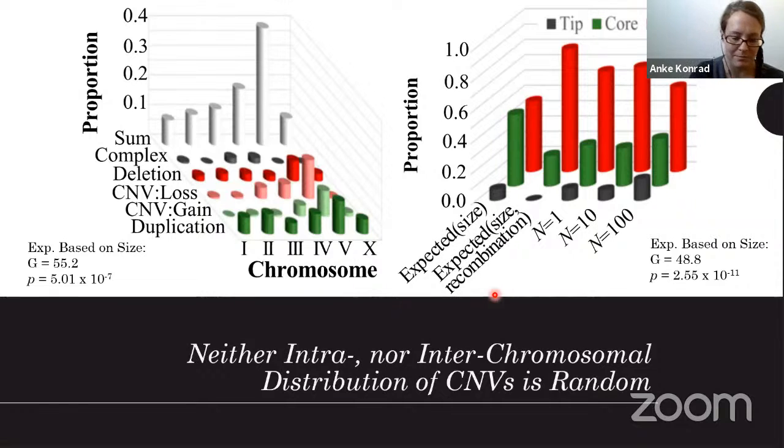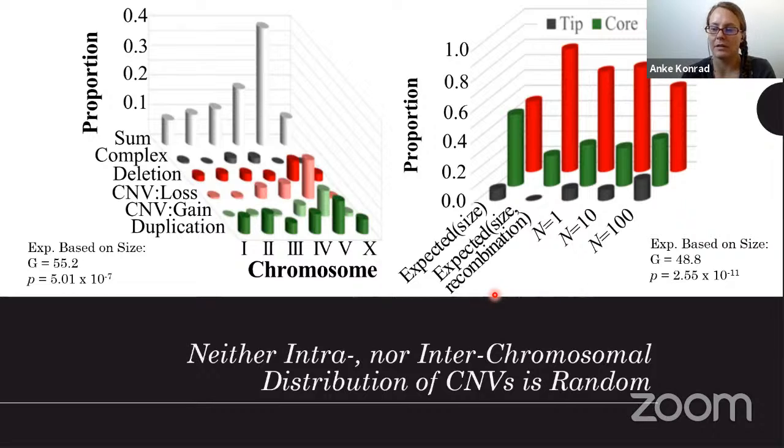And one thing that needs to be mentioned here is that the core of the C. elegans chromosome is usually more gene rich. It is more strictly packed, and it has less repetitive sequence.